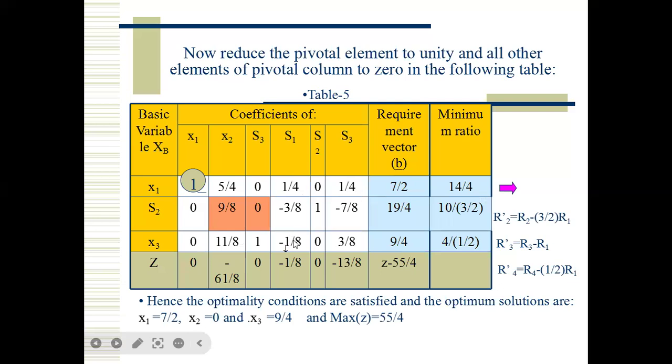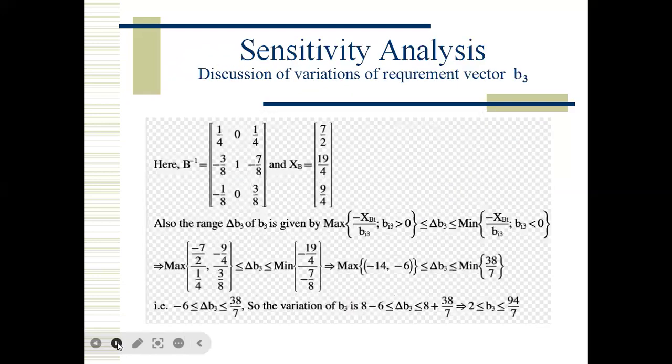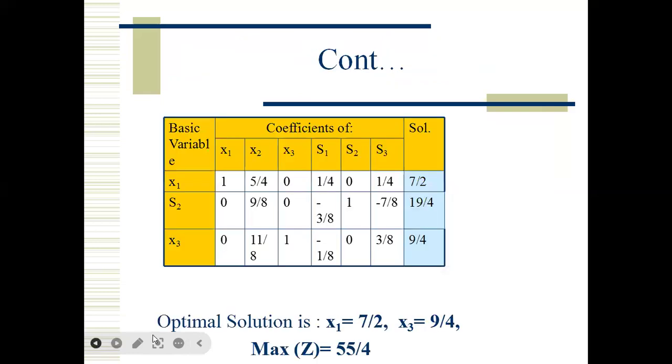This is the whole B inverse matrix. And the requirement vector you must know. So this is the B inverse, and the basic XB will be 7 by 2, 19 by 4, 9 by 4. This is the actual solution.